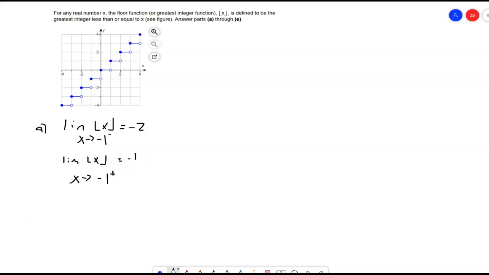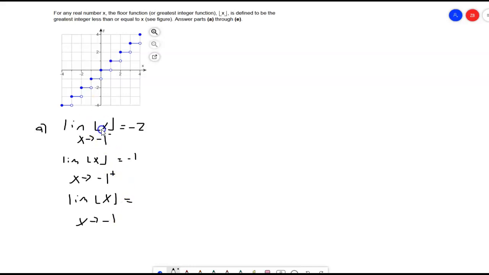And finally, what about if we are approaching, as x approaches -1 from both sides?